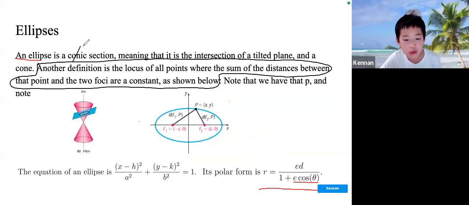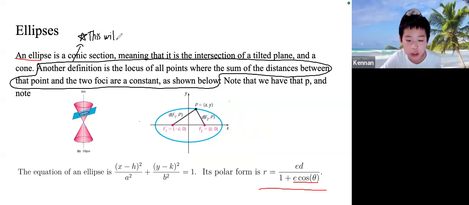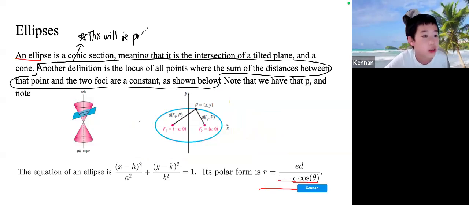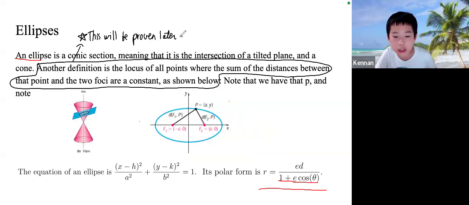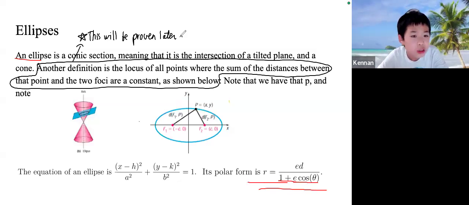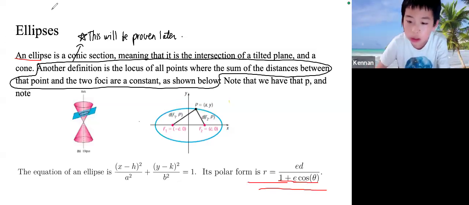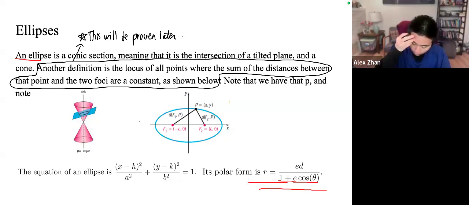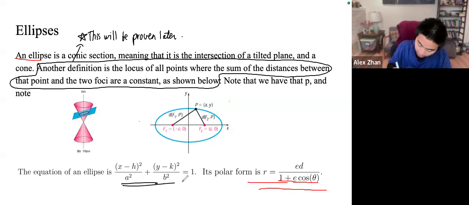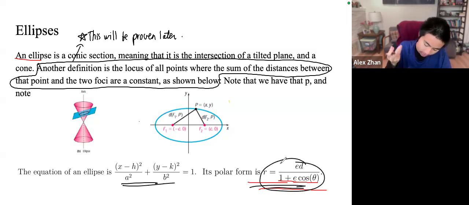This is the polar form of the ellipse. If you want to see how the polar form is related to the rectangular form, note this is an ellipse centered around (0, 0).